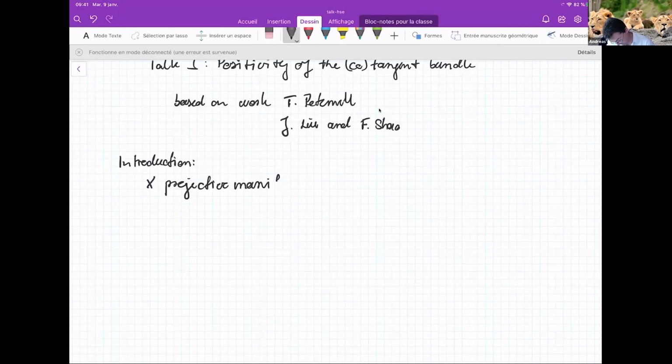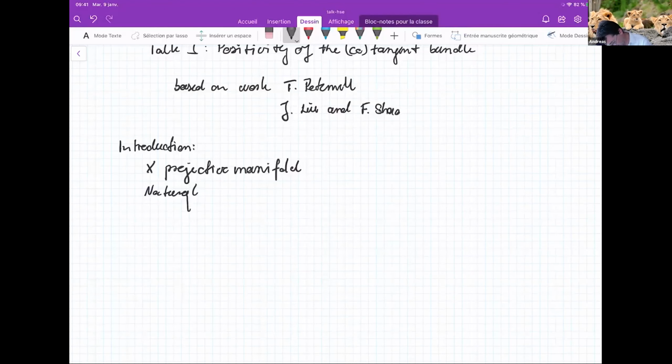And of course, the most natural objects are going to be the cotangent bundle, Omega_X, and its dual, the tangent bundle, T_X.